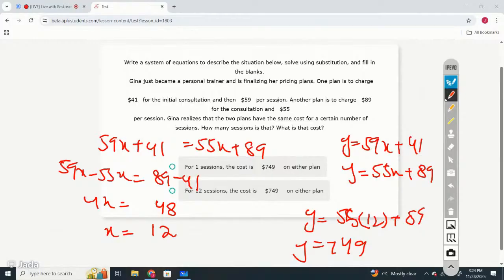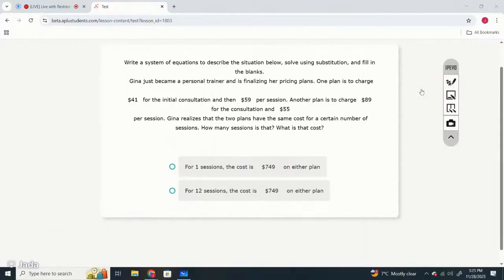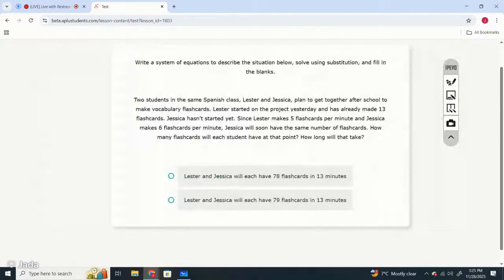So option number 2 is the correct option for 12 sessions and the cost is $749 on either plan.